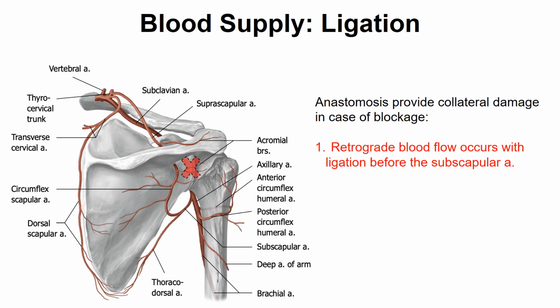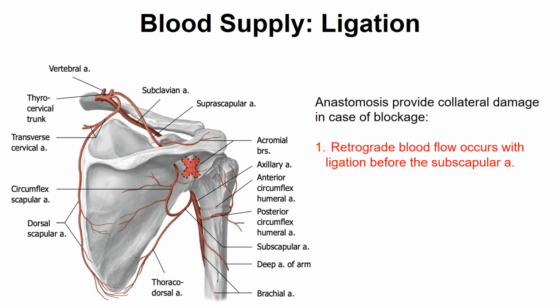So the first one that we're going to talk about is if we have an injury or it is tied off during surgery, through something called a ligation, on the axillary artery. Keep in mind that this is the axillary artery above the subscapular artery. So we are superior to the subscapular artery.